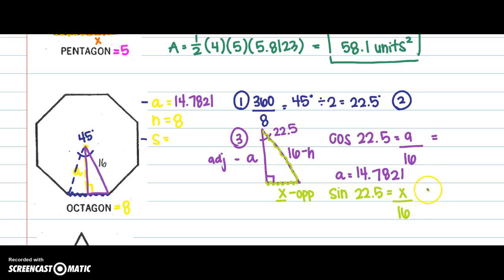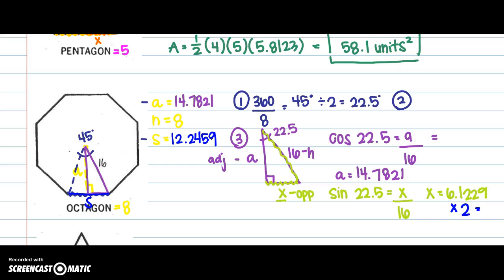So in my calculator, I'm going to put 16 times the sine of 22.5, which gives me half of that side is 6.1229. And remember, I have to multiply that by 2 because that will allow me to have my entire side length. So when I multiply that by 2, my side length becomes 12.2459 as I round.